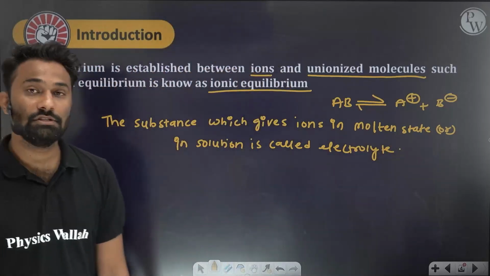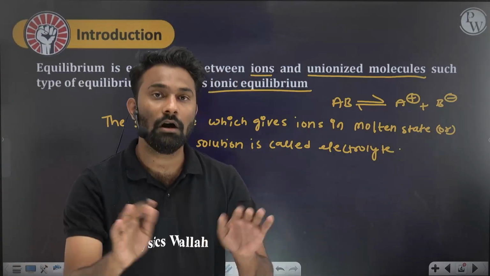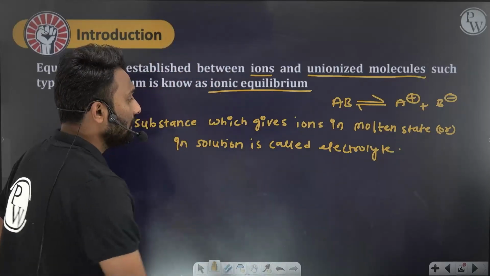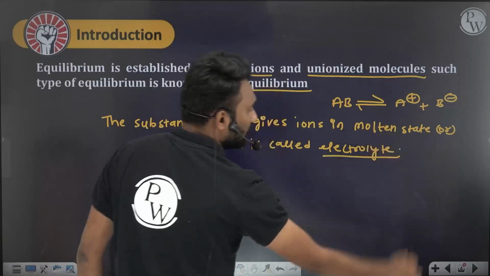It is a substance which gives ions in the molten state or in solution, that we call an electrolyte. Here we have two types of electrolytes.